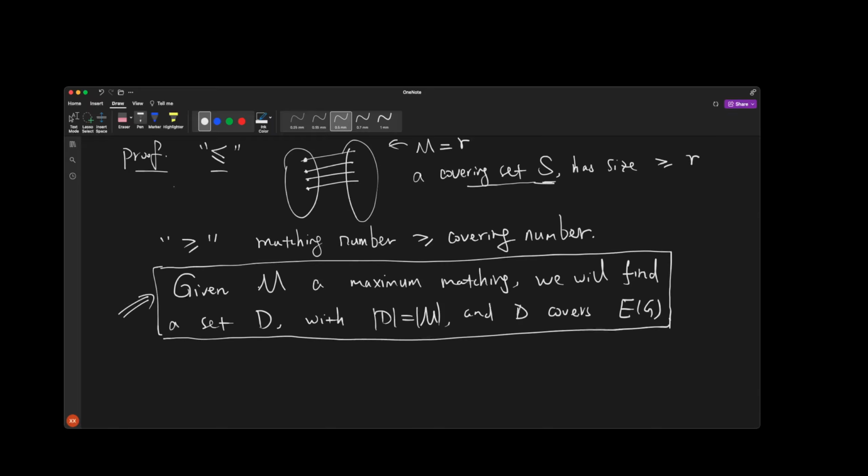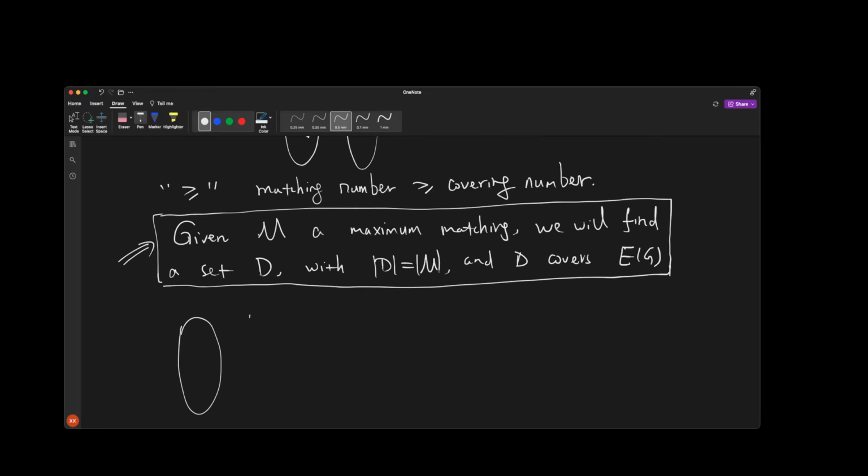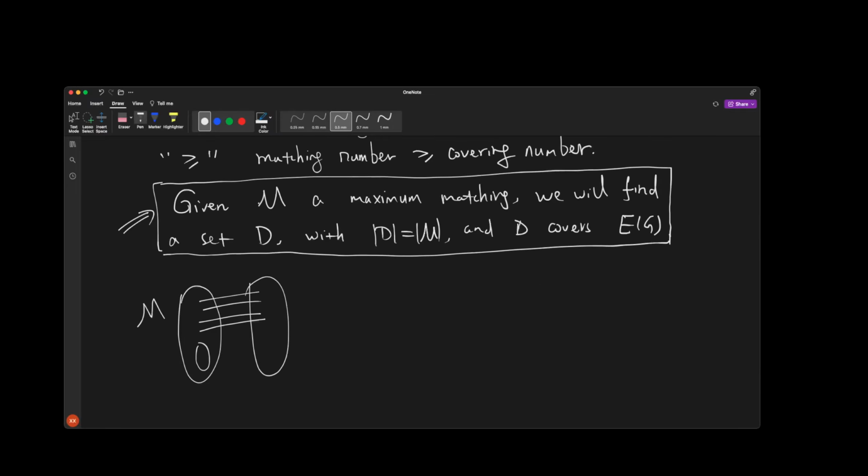So let's draw many pictures. This is the maximum matching M. We will define U to be the unmatched vertices in M. This is the set U, the set of all the unmatched vertices.